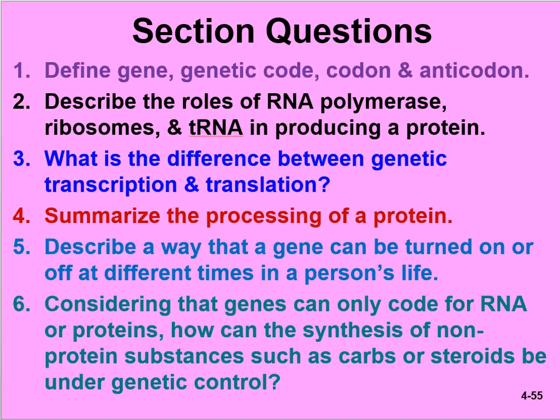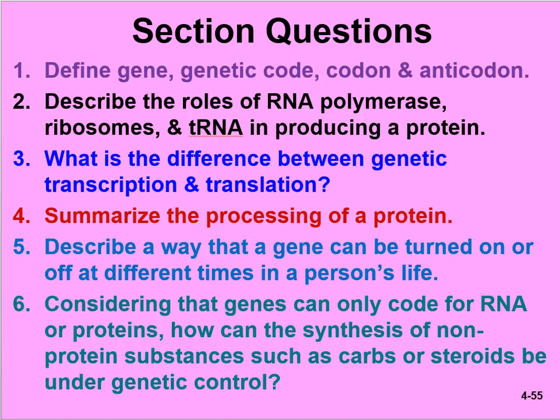A codon is every 3 letters of mRNA, which was transcribed from DNA, and a codon will code for a specific amino acid if it's a useful one. And an anticodon is the opposite of that codon, the complementary code that will match up with the codon that's carried on the tRNA.